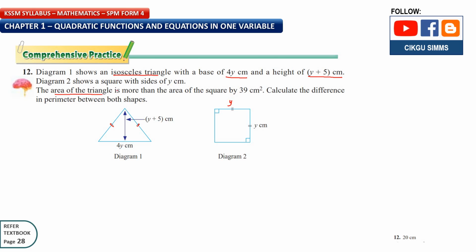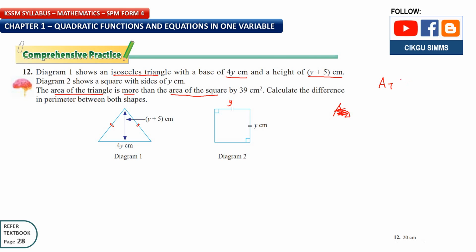So area of triangle is more than the area of square. So area of triangle, you can put the symbol triangle, or maybe you can use a letter.